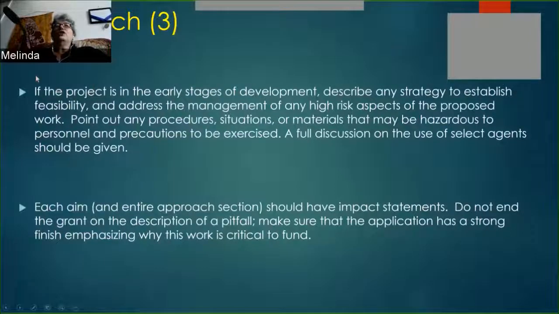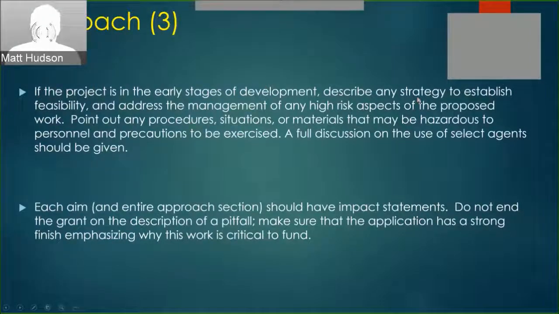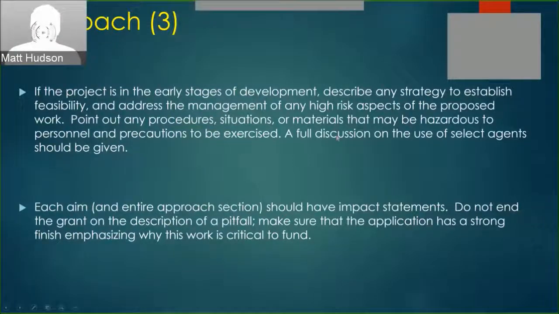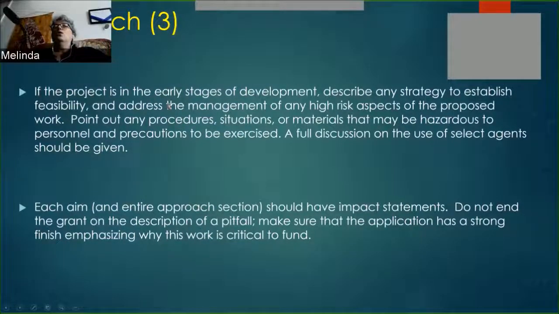Also, if your project is in an early stage of development, you want to describe strategies to establish feasibility and management of high-risk aspects. So these are cases where you have to talk about select agents and point out any risks or hazards. But you also have to be careful.